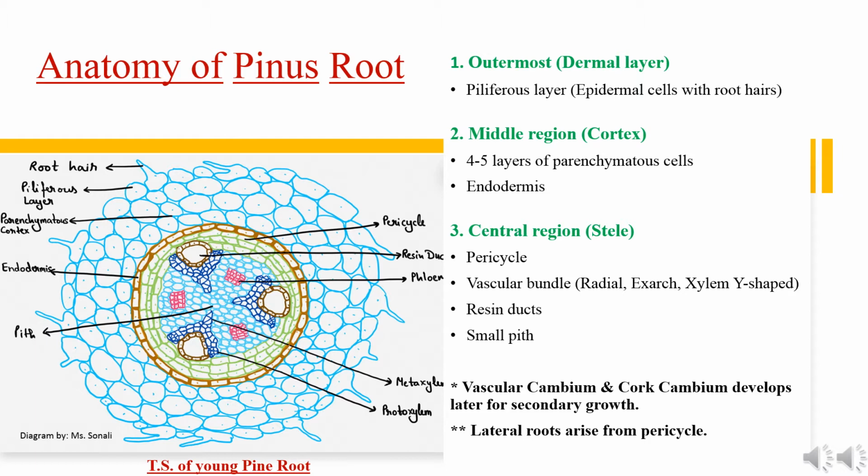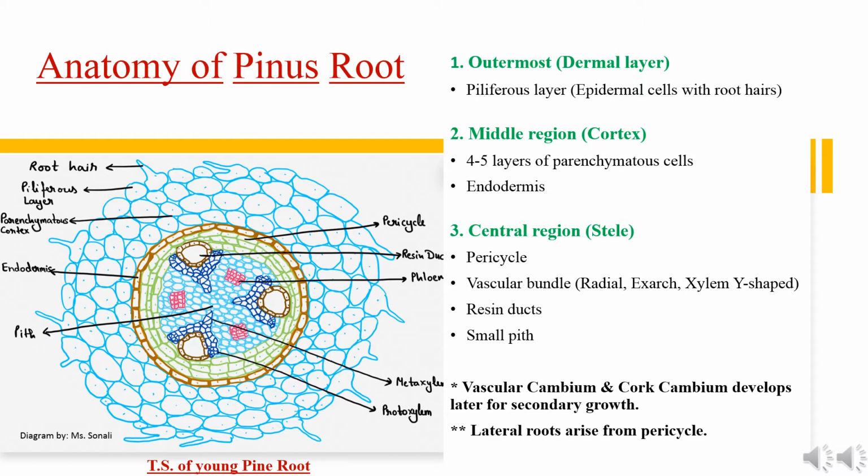Each xylem and phloem tissue is on a different radius, so they can be described as radial. Early formed xylem, which is smaller in size, known as protoxylem, is towards outside, and late formed xylem, which is large in size, known as metaxylem, is towards the center, as you can see in the diagram in dark blue color.